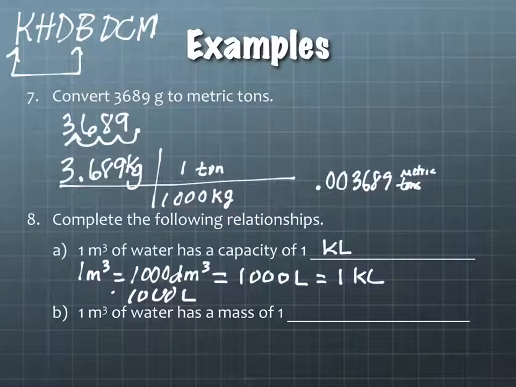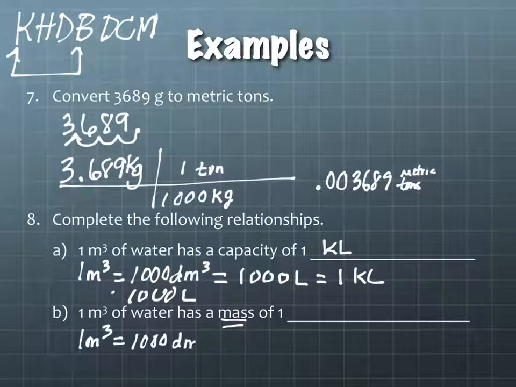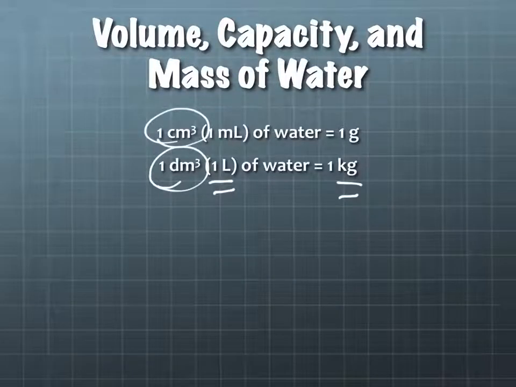So that's capacity. Capacity has to do with liters, right? And then mass has to do with grams, the relationship. So we're going to do the same thing. The 1 cubic meter is 1,000 cubic decimeters. And for liters it was 1 liter, and for kilograms it's 1 kilogram.